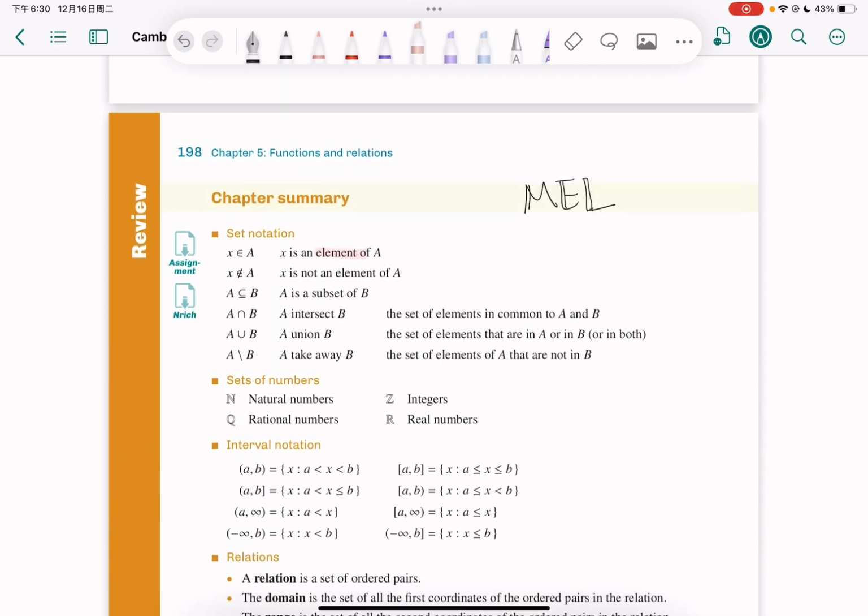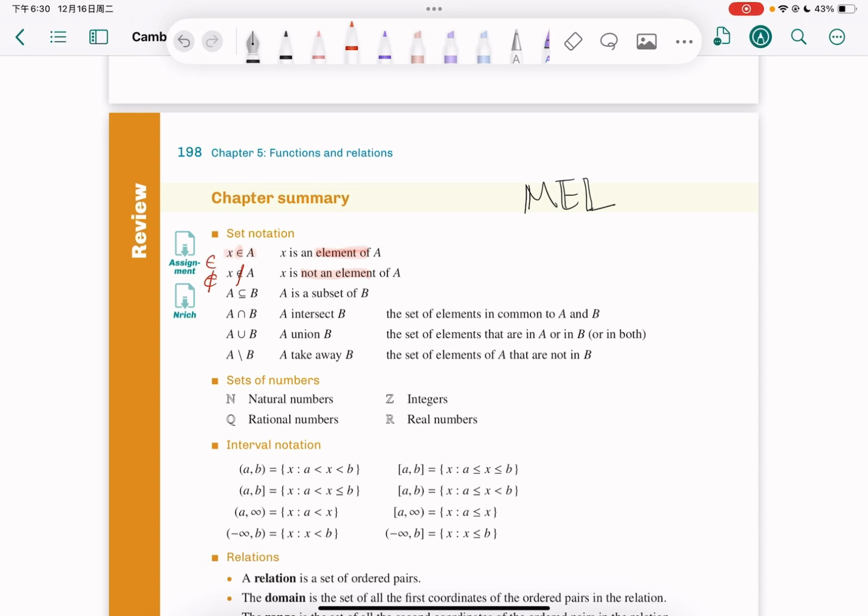If x is an element of A, then we write it in this way. So x belongs to the set A. If x is not an element, then we do a cross on this symbol. So if it's not, then it's like this.